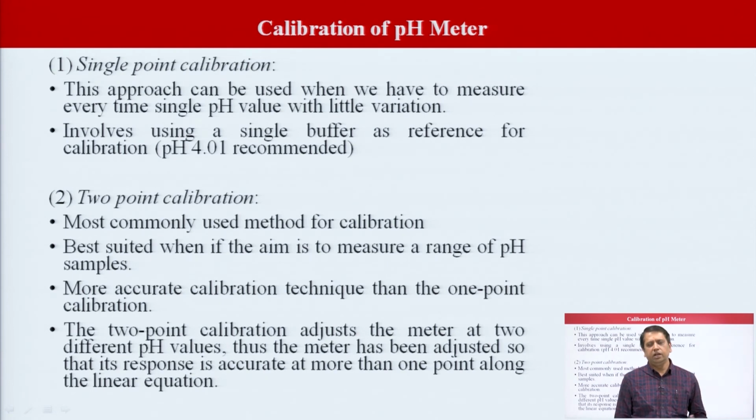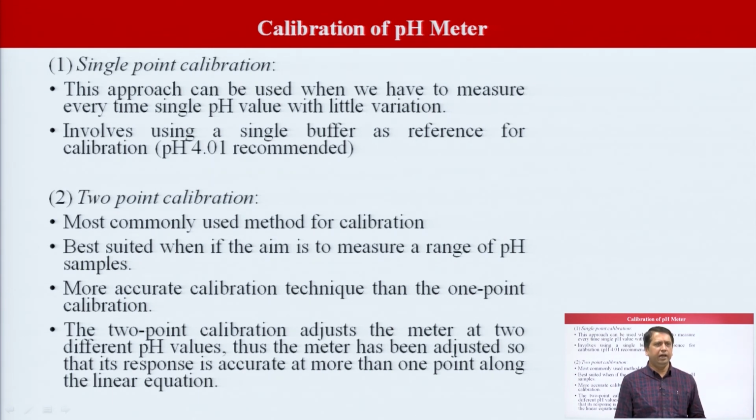And the next type of calibration is the 2-point calibration, which is the most commonly used for calibration purposes, and it is best suited when the aim is to measure a range of pH samples. So, if we have to measure an acidic value as well as an alkaline value, or if we have to measure acidic, neutral or alkaline values, this kind of calibration can be performed.